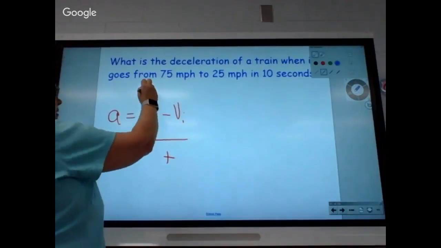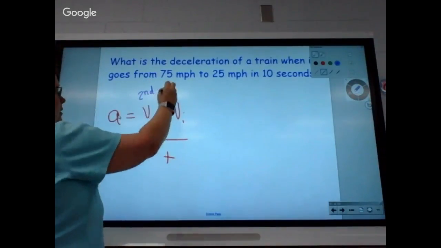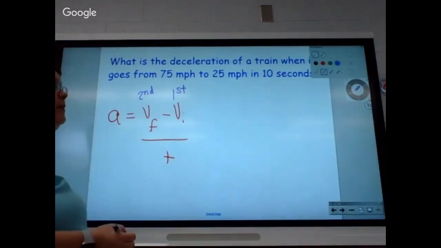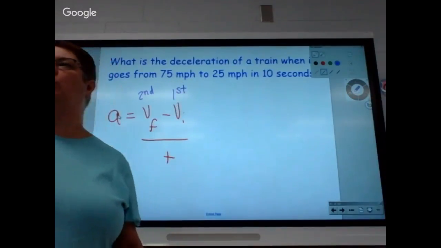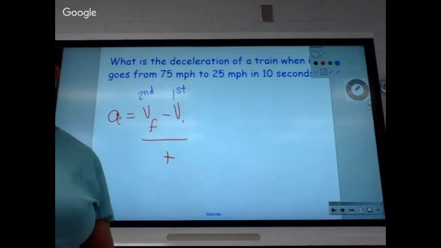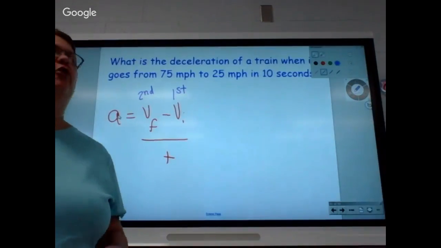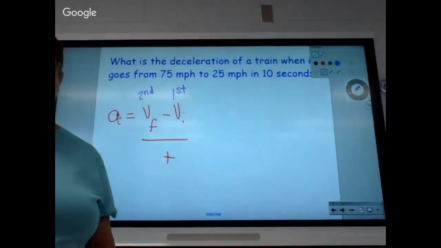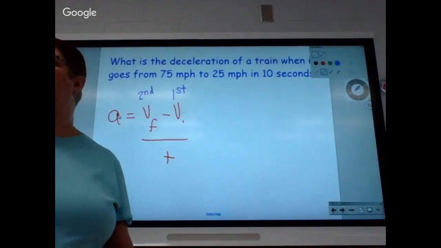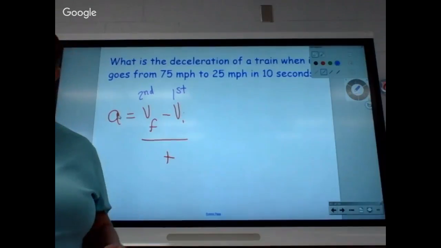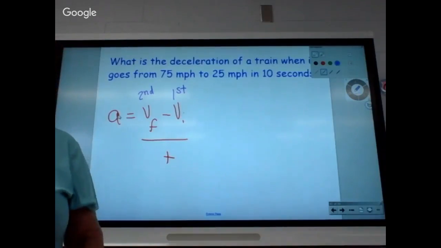It's the second, and VI is the what? Okay. If you put them in the right order, your number will turn out to be negative. If you forget and do it backwards, your number will come out positive. But as long as you remember deceleration is always negative, you can fix it.